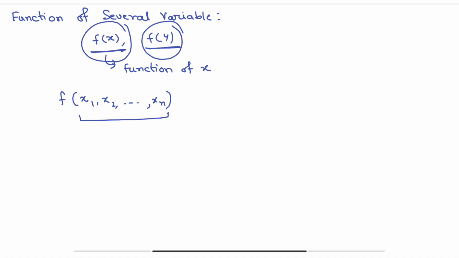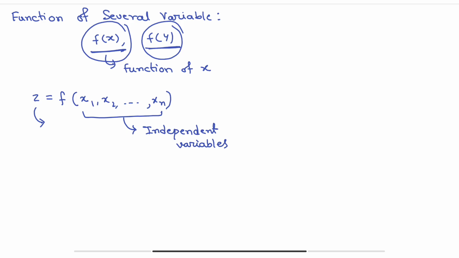Let's say I am denoting, let's say z is equal to f of x1, x2 dot dot dot xn. So in this case these variables x1, x2 up to xn are called independent variables. Clear? Independent variables. And this variable z is called dependent variable.